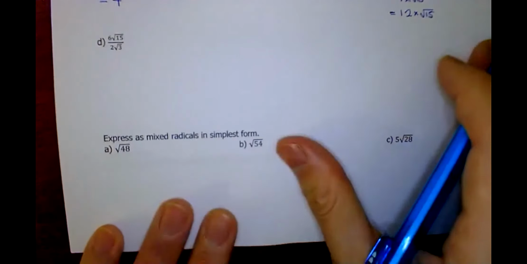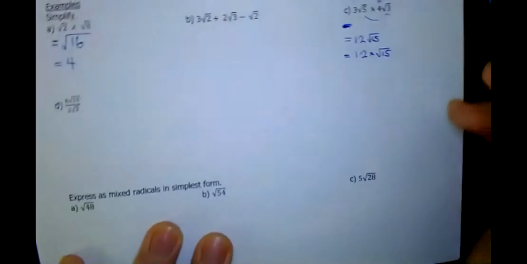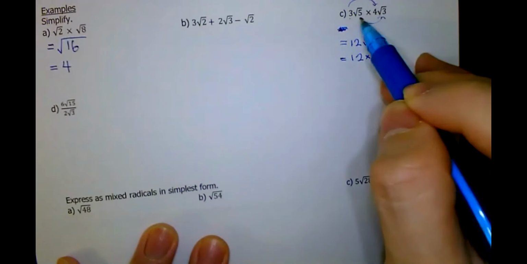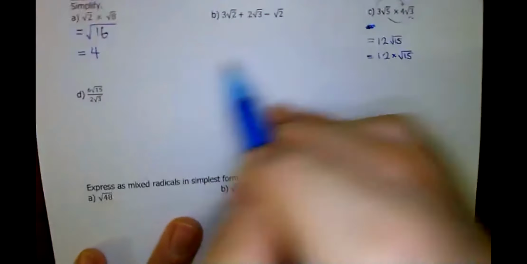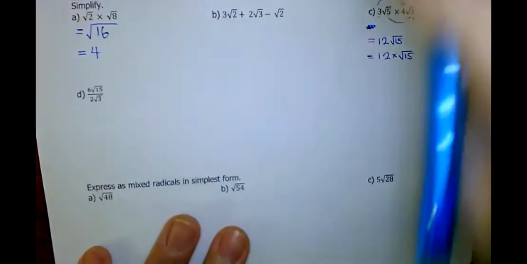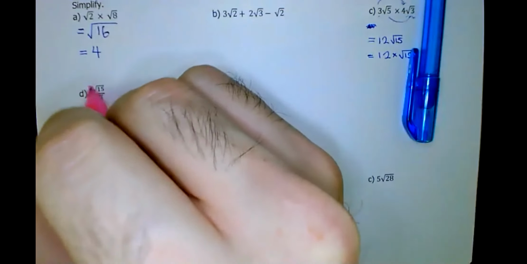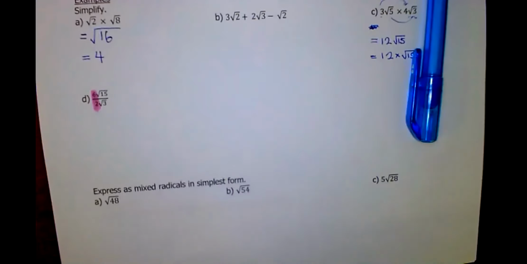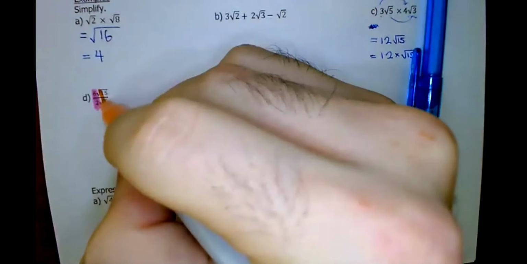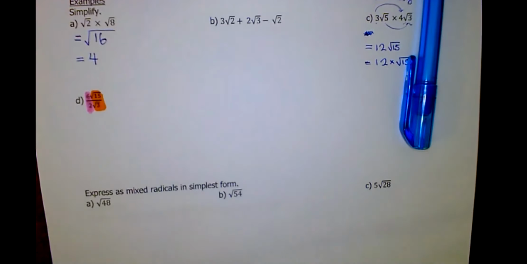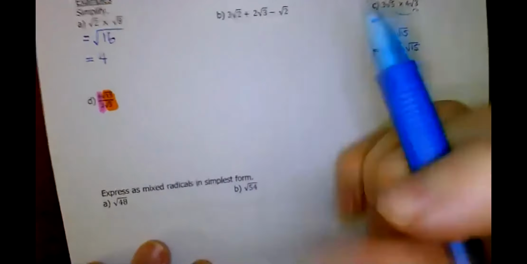D is a division, and just like how we were multiplying the coefficients and multiplying the radicals separately, when you have a division, you follow suit. So you can divide the coefficients and divide the radicals on its own. Okay?